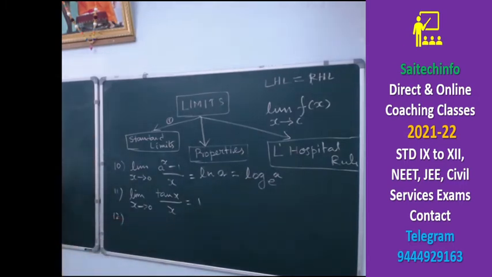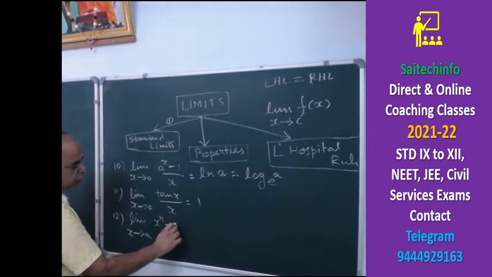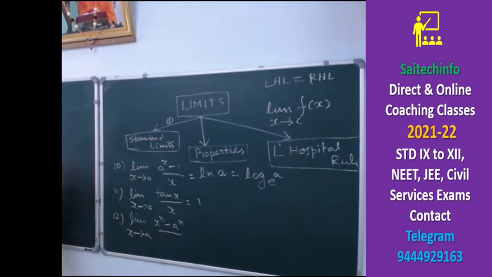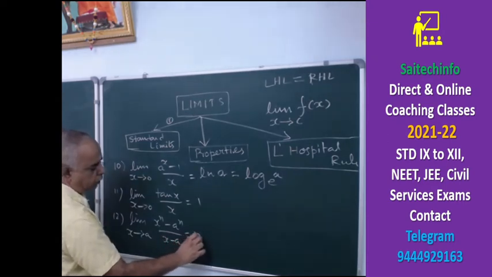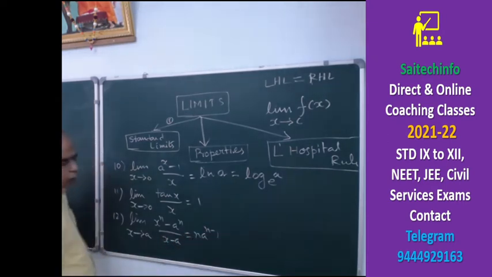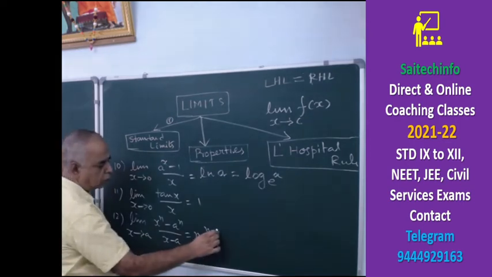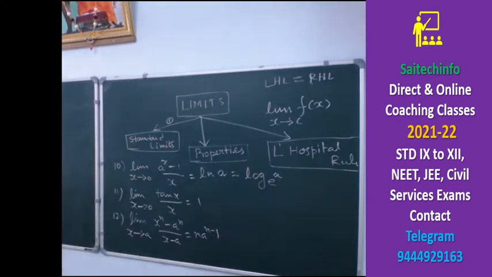Then limit x tends to, let me say, a, where x power n minus a power n divided by x minus a is equal to n into a power n minus 1.